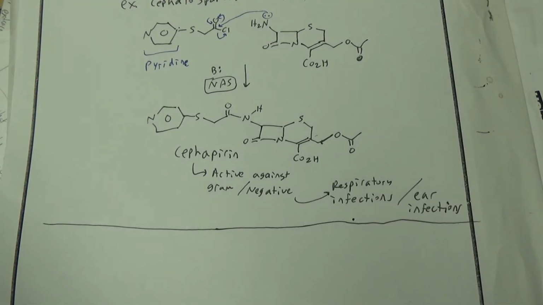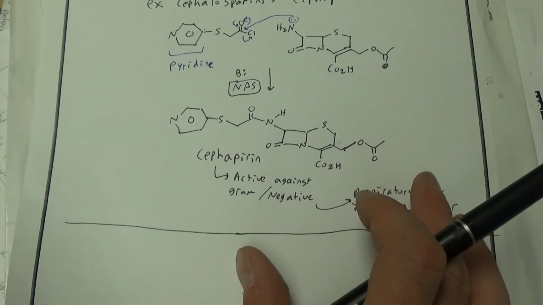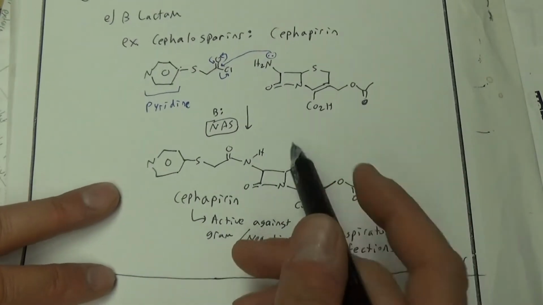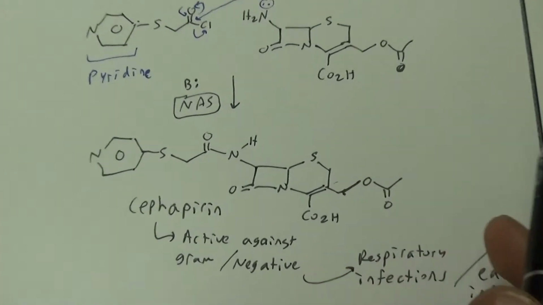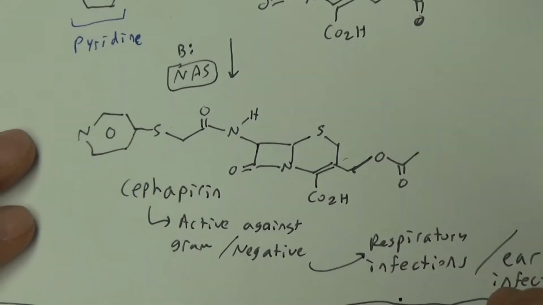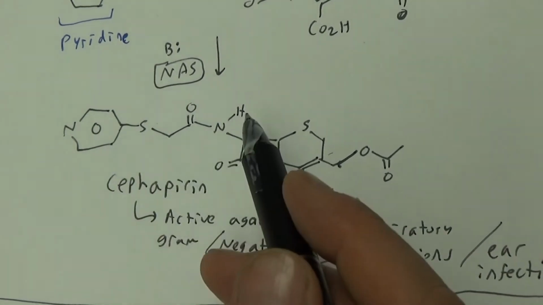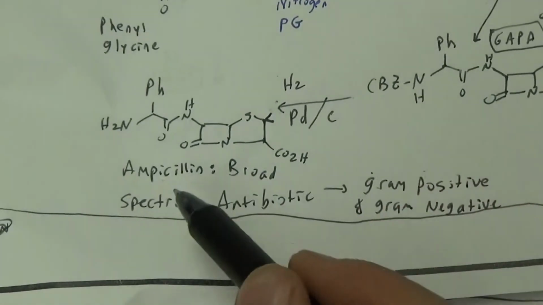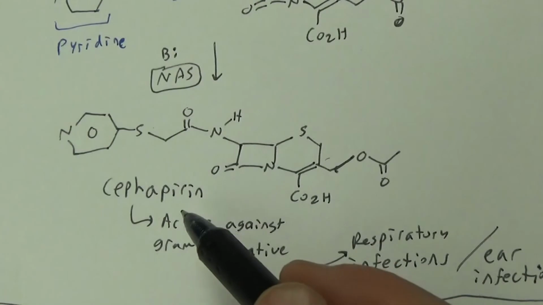Oh yeah, I think I remember what I was going to say. I don't know if this is 100% true, but if you remember with ampicillin, the penicillin derivative that's active against gram-positive and gram-negative, it had a nitrogen, like an NH2. Where's the structure? It's right here. Ampicillin had that polar functional group kind of on the left.